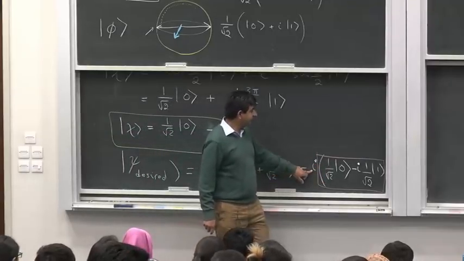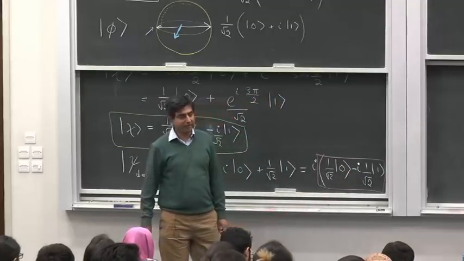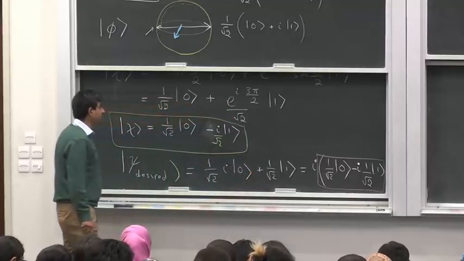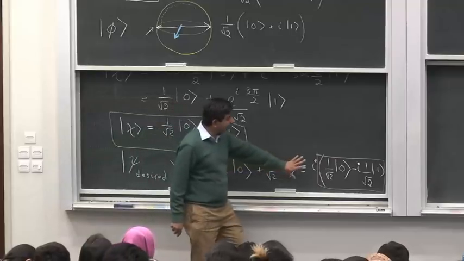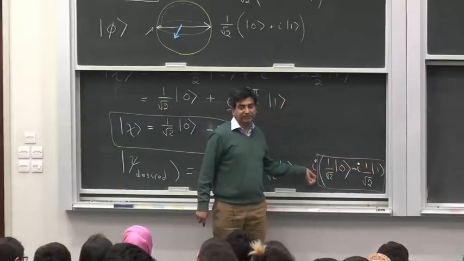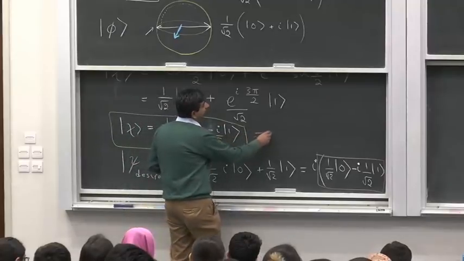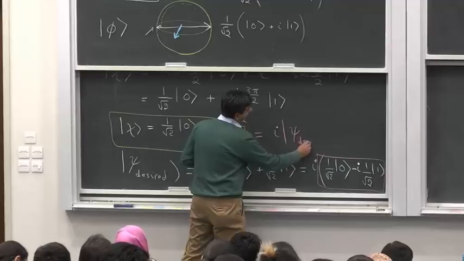If I multiply this iota with minus iota, what do I get? Minus iota square, which is plus 1, and this is what I need. Alright? Now this state, chi, is the same as the desired state with this factor iota. So this thing equals iota times the desired state.